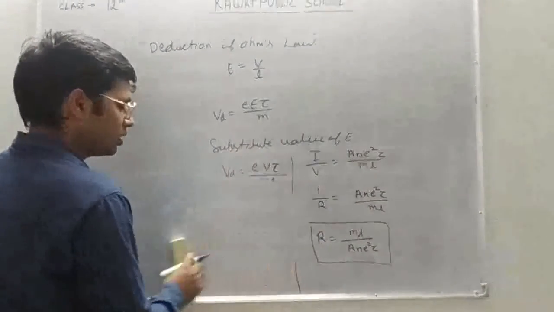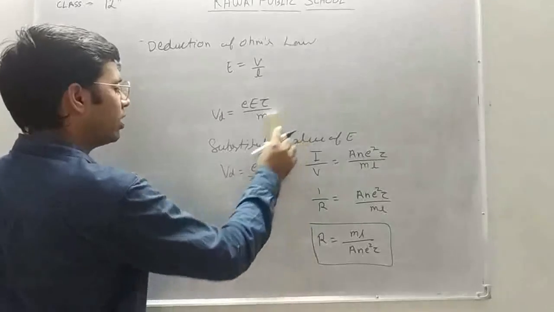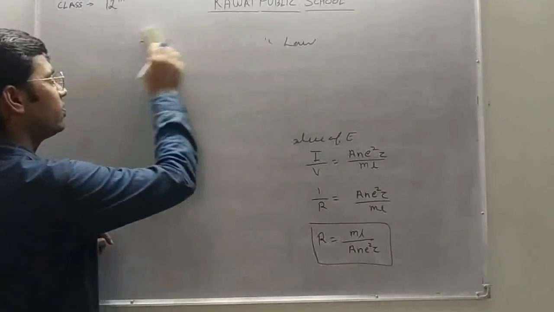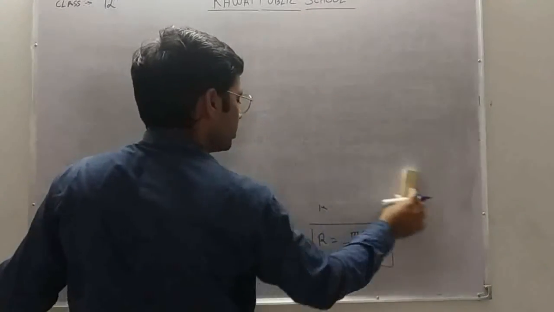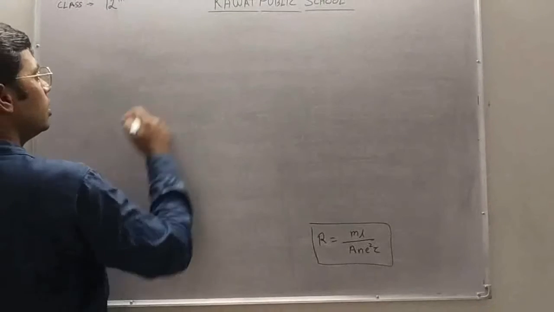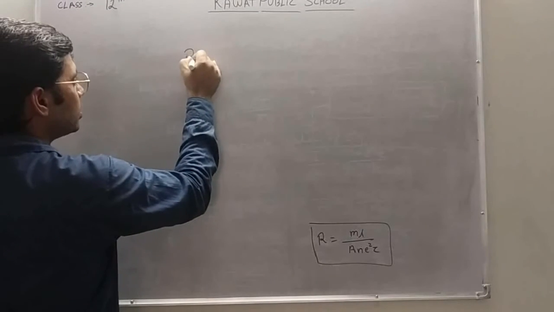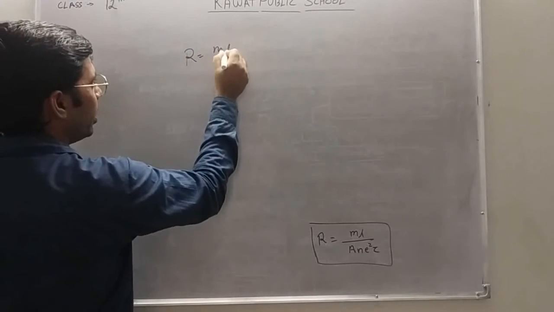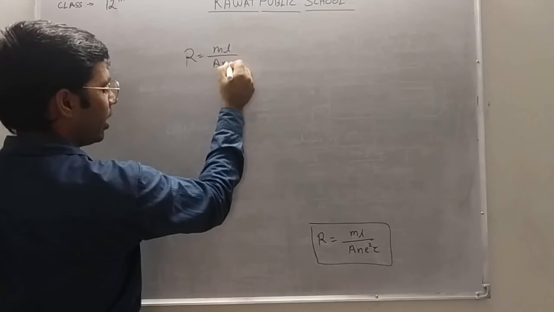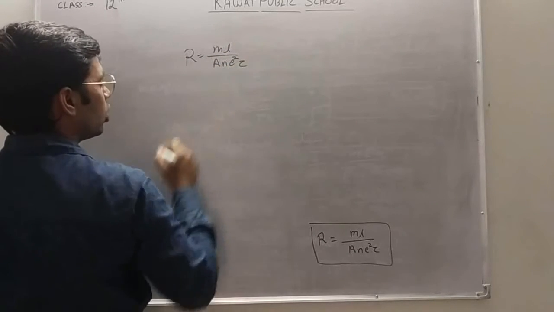By this expression we can find one more relation, that of drift and resistivity. R is mL divided by Ane square tau.